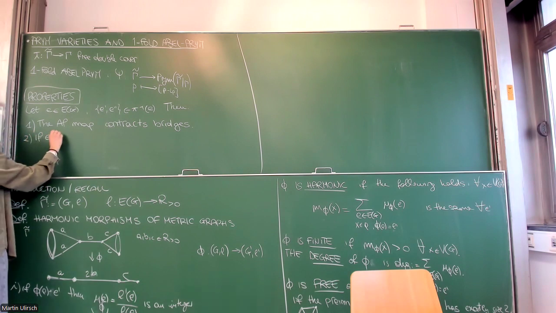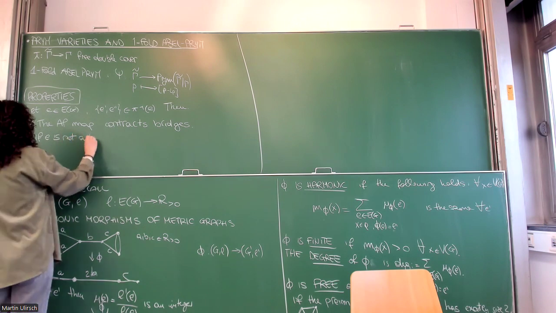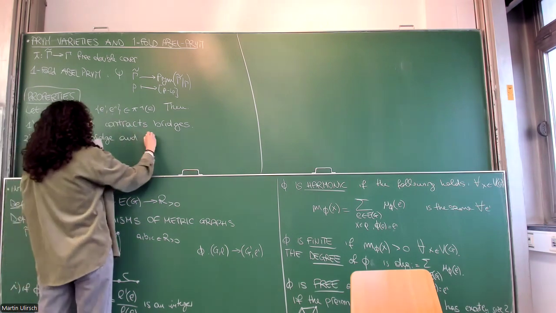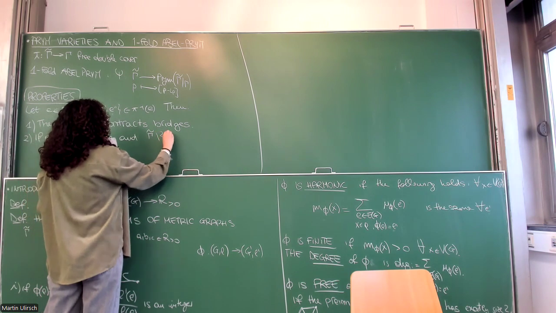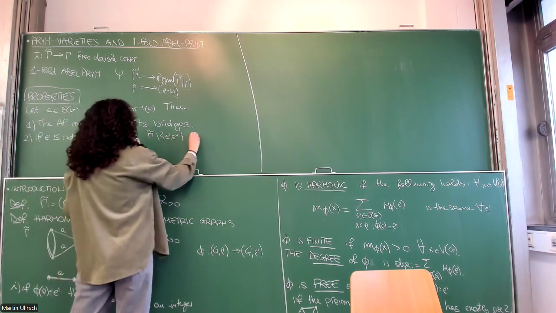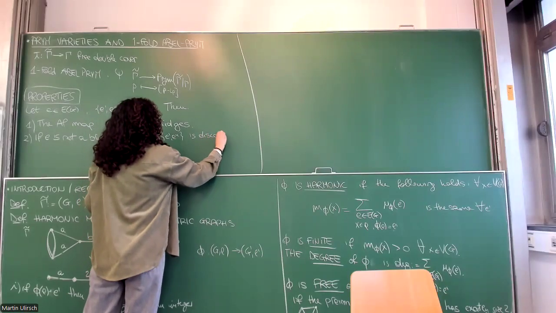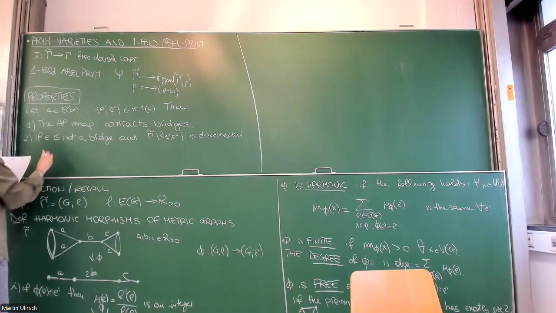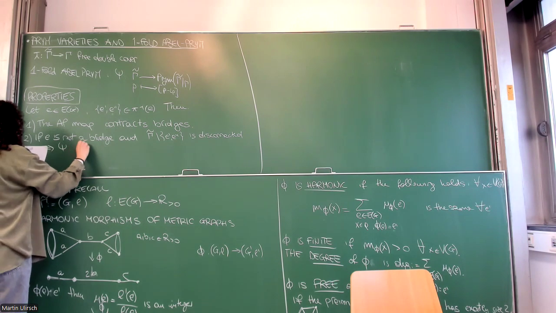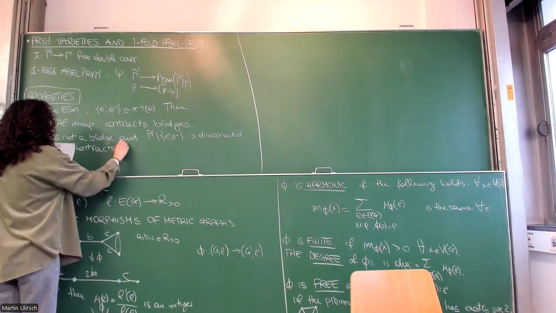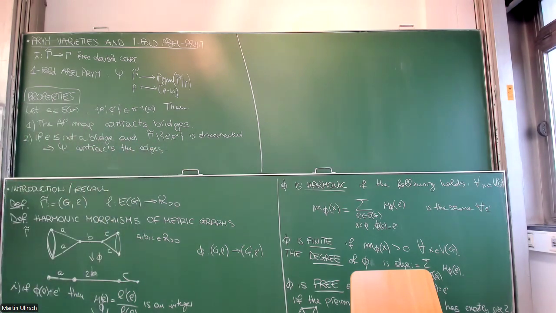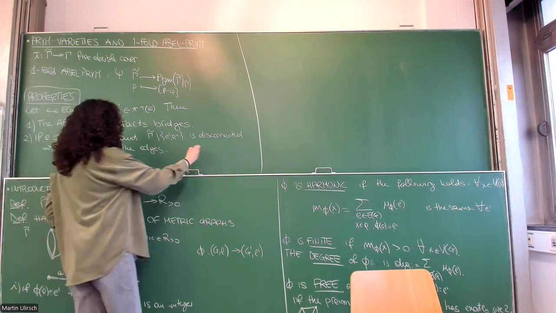So they are in the same fiber. But if E is not a bridge, and these two edges are such that gamma tilde minus E prime and E second prime is disconnected, then the Abel-Prym map contracts them. That's a result of Len and Zakharov. I can also draw a picture.